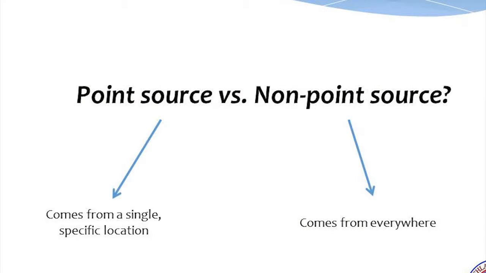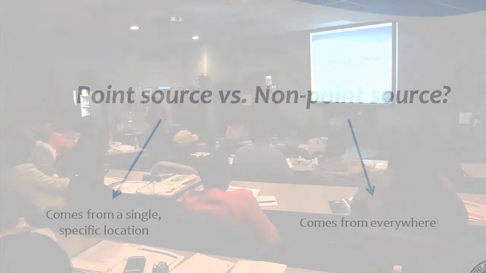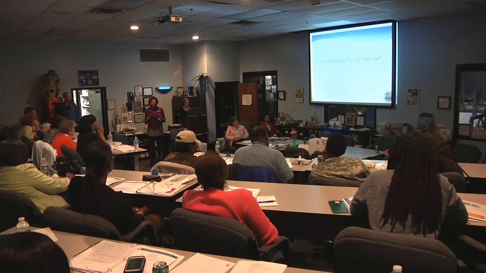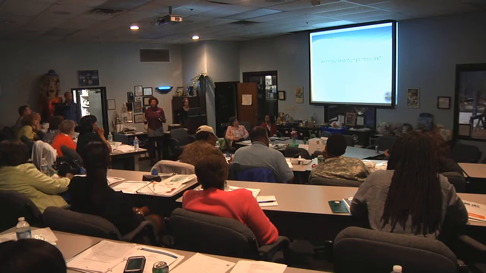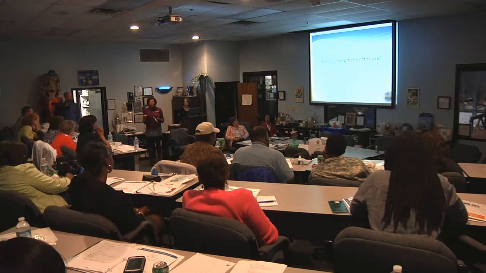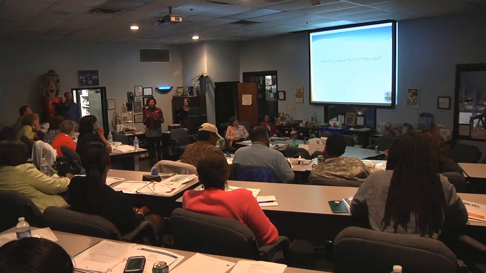So I mentioned that the MS4 permit wants to prevent or reduce the amount of non-point source pollution in an area. So who wants to guess what point source pollution is? Or non-point source? Where it starts, points, where it starts. Point, yes. So what specifically about point source?